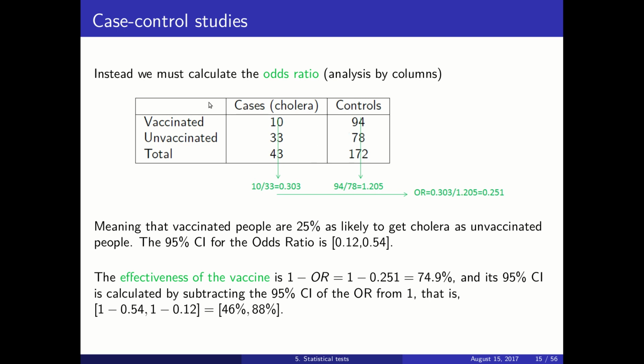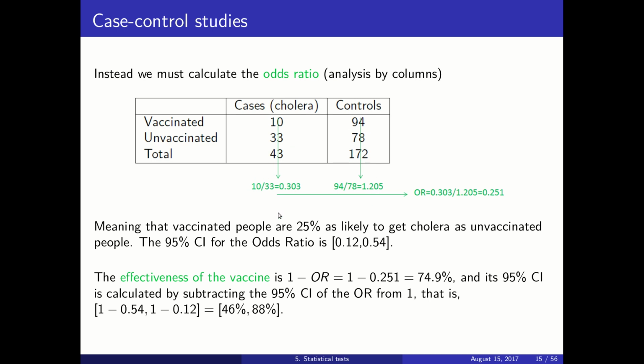So now, if you analyze by columns, then it would be 10 over 33. Now we don't divide by the sum of the two, but just by the ratio between cases that have been vaccinated and cases that have not been vaccinated, and the same for controls.